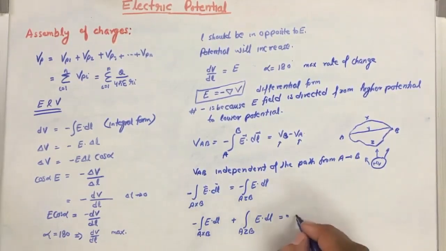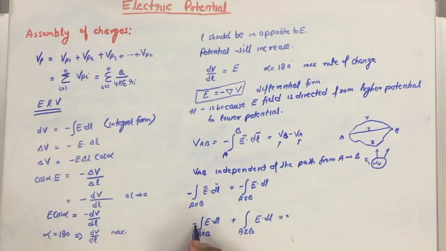Further, we can write BZA with the negative of this, or here we can write BXA with the negative of this, that will be positive.